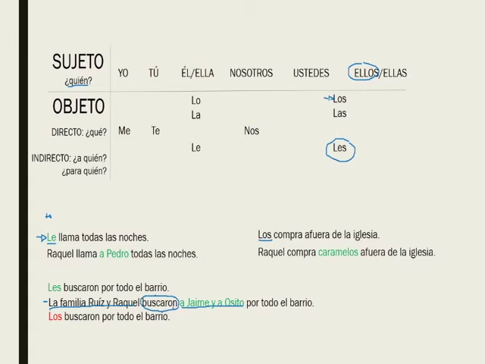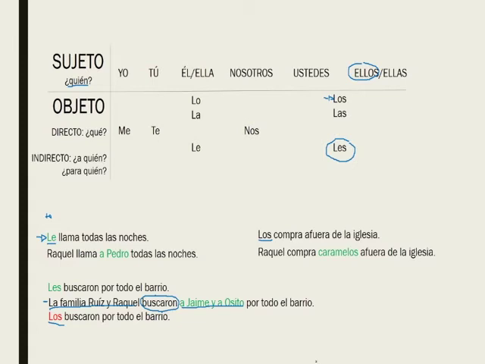Because our verb is followed by a preposition, and that would make Jaime and Osito an indirect object. But when we speak, we can change it for los. We do this a lot, even though it's not correct grammatically, it is accepted, and sadly, that's the way we speak.